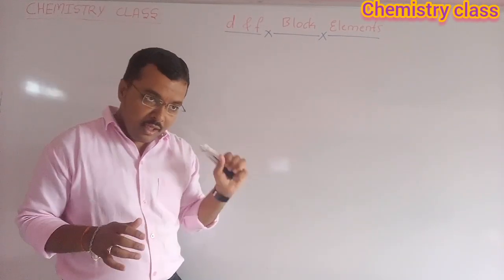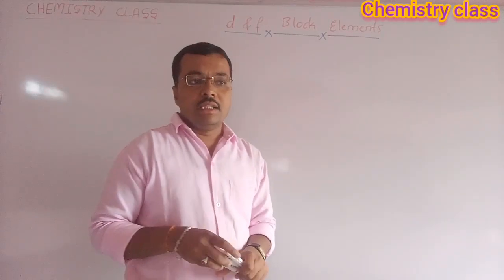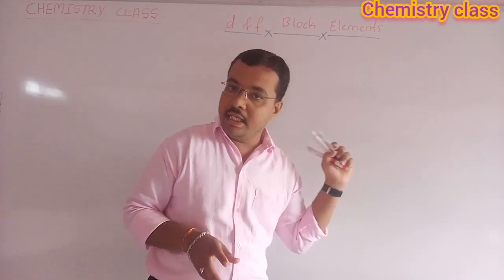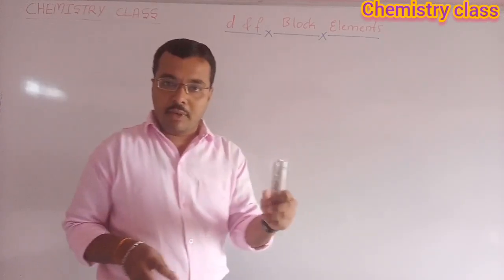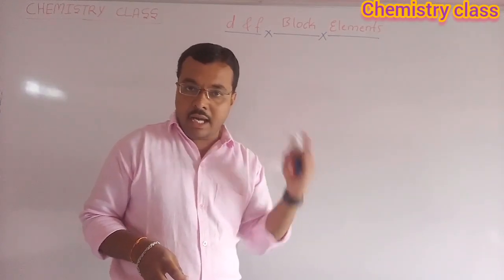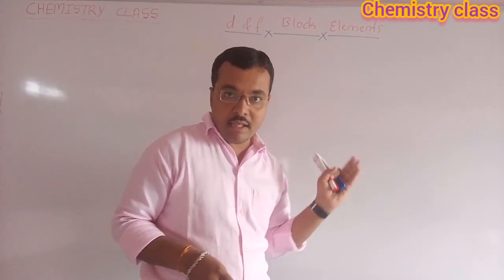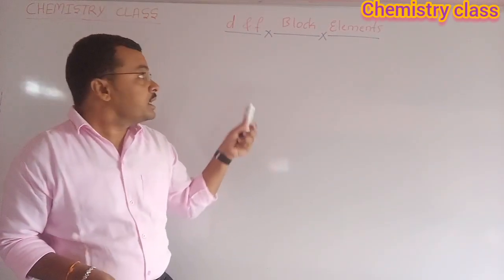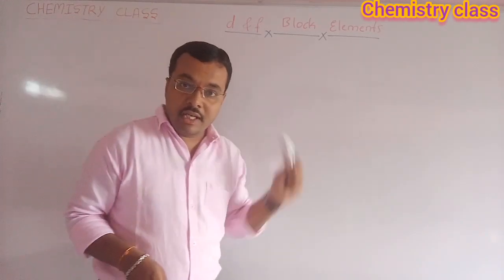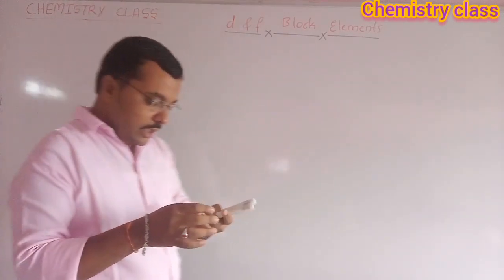There are a total of 4 series of D block elements. Next, we have also discussed some of the periodic trends in the D block elements. Periodic trends means periodic properties in the periodic table, as we have studied in the general properties. Like that, we are going to study the D block elements in detail.